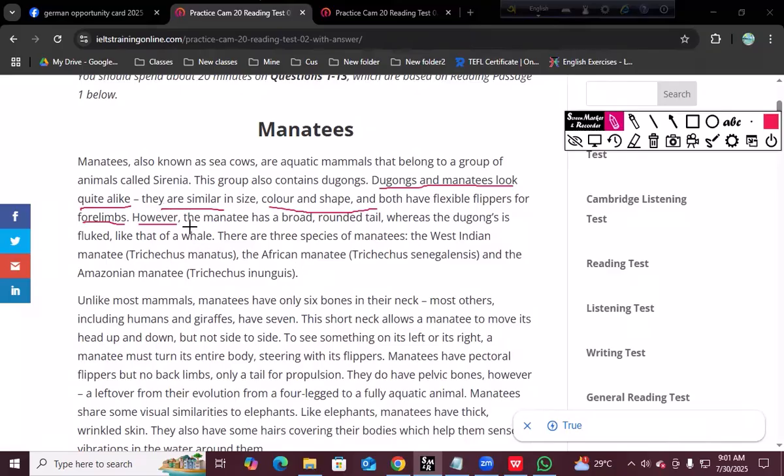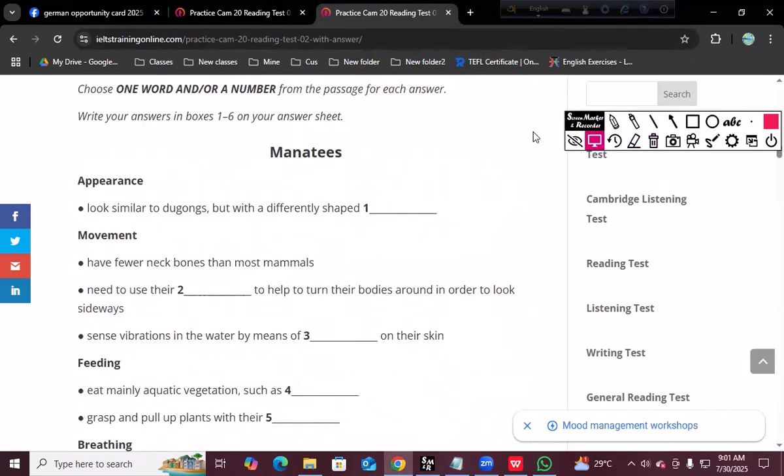But the manatee has a broad, rounded tail, whereas the dugong is shaped like that of a whale. That means the tail is different from dugongs. I hope you understand. All right, so we have got the answer of the first question.